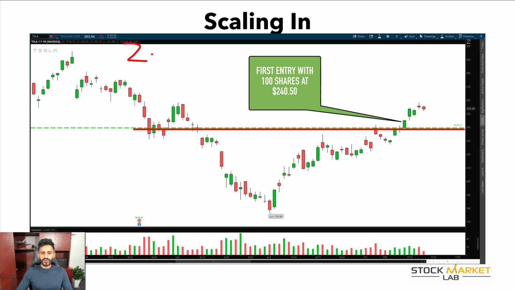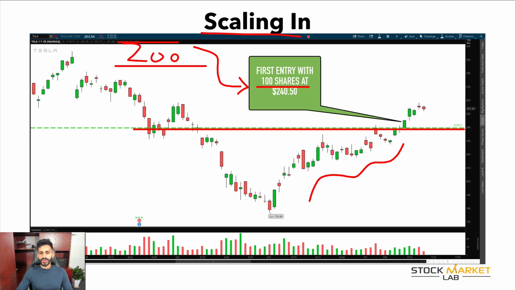I want to buy 200 shares, but I don't know if that's a strong break. Or maybe once again, I've had a bad trading week or bad trading day, or I just feel out of momentum or out of rhythm. I'm not sure if I want to take on a large size. So instead of buying 200 shares on my first trade, I'm only going to buy 100. So you buy 100 shares at 240.5, right?